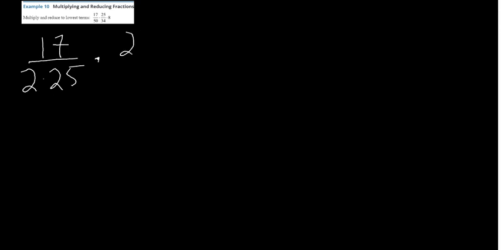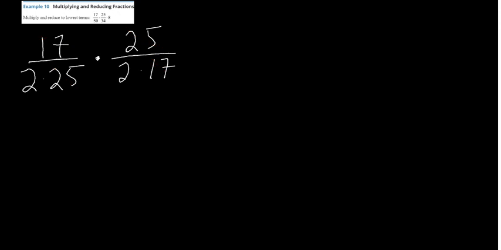Like I said, my multiplication signs on here kind of suck. All right, so we're going to leave the 25 in the numerator. And then the denominator, I know 34 is the same thing as saying 2 times 17. Okay, and the reason I'm doing this is because I want the 17s to cancel and I want the 25s to cancel. So I'm not reducing as far as I can.